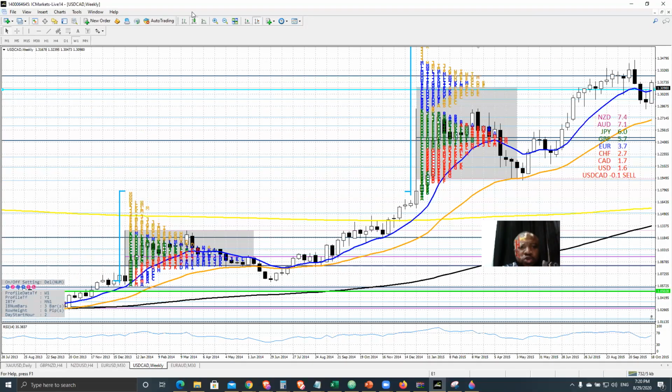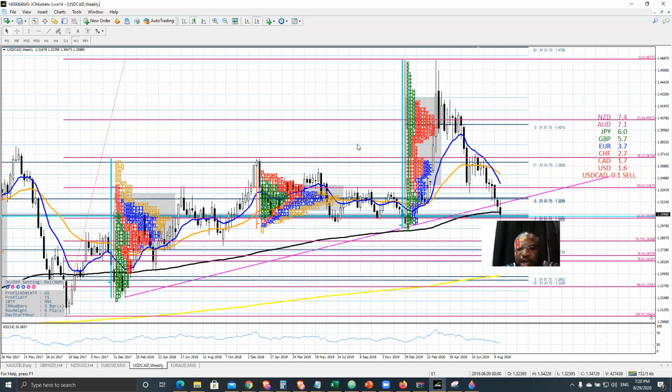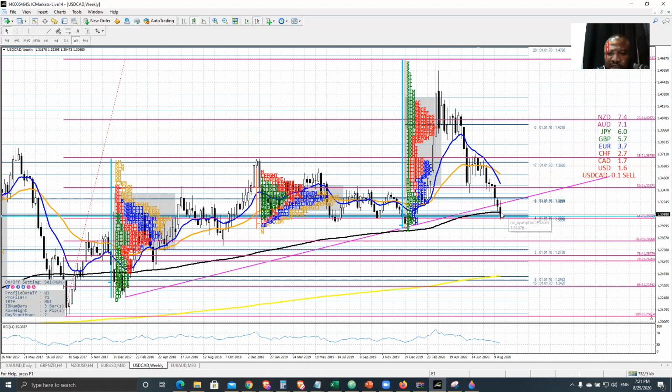So going into the weekly chart now, what we can see on the weekly is we are approaching an area where we've got this 200 EMA coinciding with the 61.8% retracement. Apart from that, a couple of other support regions over here.